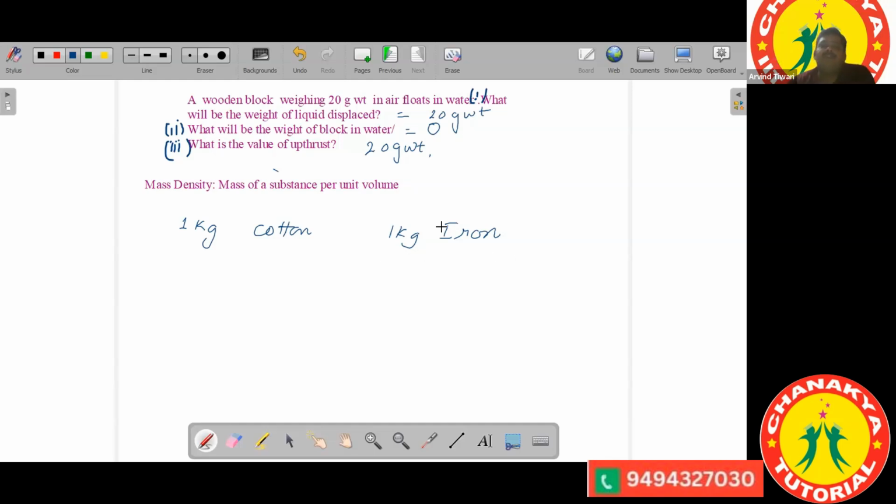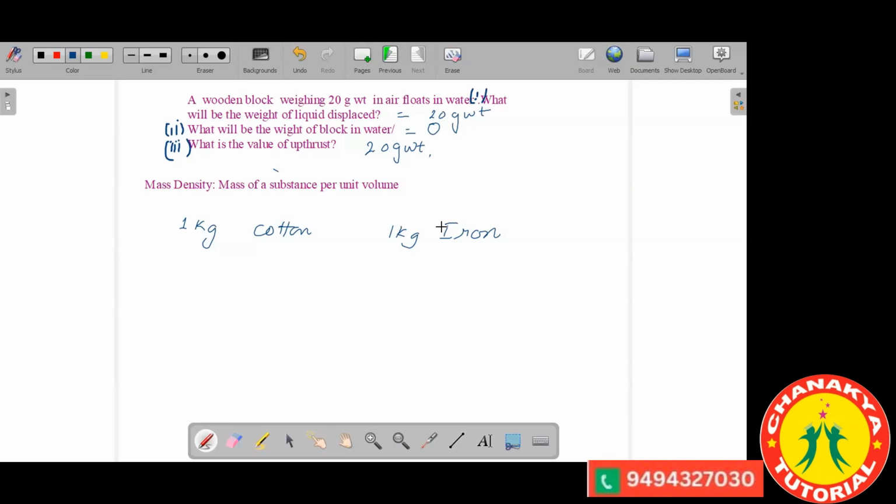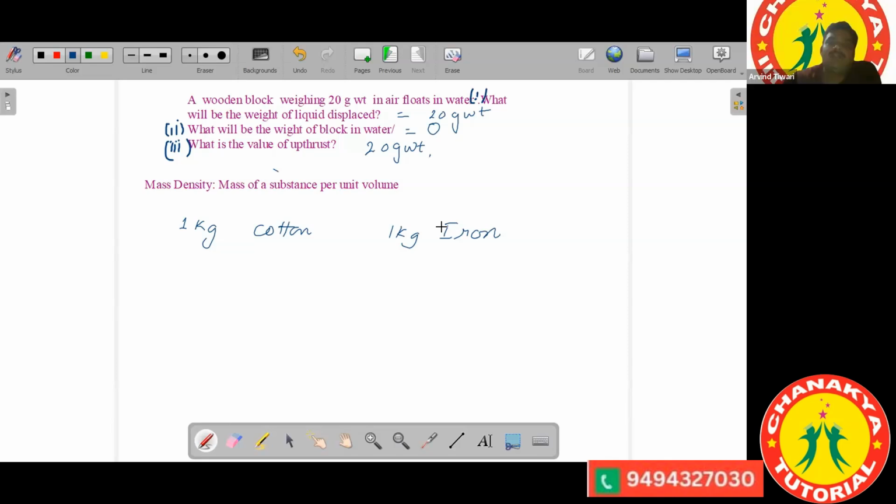What will happen if I take the volume of both of them to be the same? If I take the volume of cotton and the volume of iron to be the same, then the weight will be different. Okay. As you know, the volume is measured in meter cube.